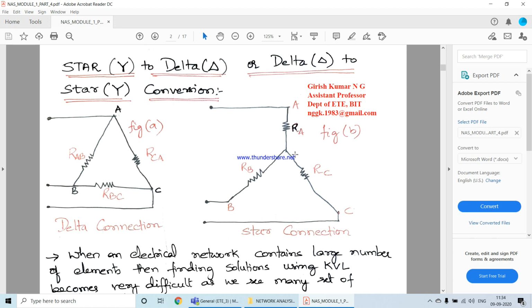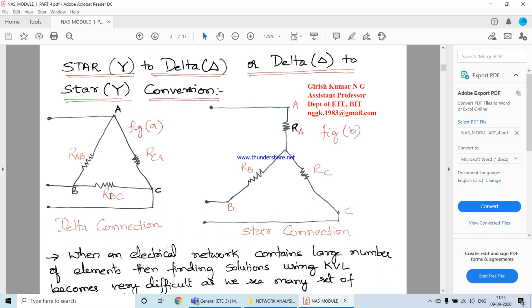Here in the star network we see the same terminals A, B and C. RA is the resistance at node A, RB is the resistance at node B, and RC is the resistance at node C. So RA, RB and RC are the three resistances which come in star connection, whereas RAB, RBC, RCA are the three resistances which come in delta connection.